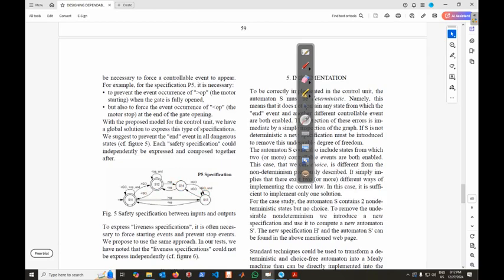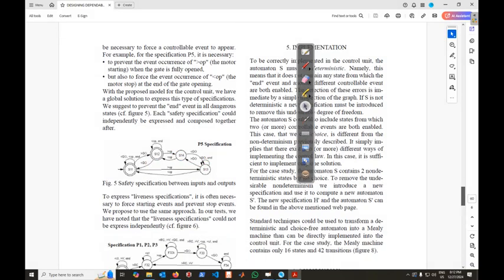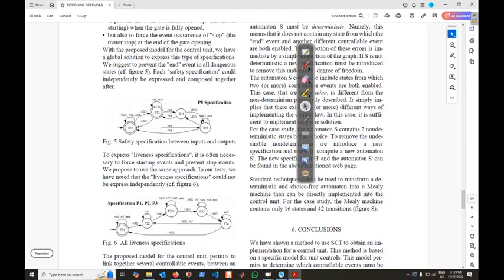Okay, now this is another one, for the liveness specification, when it is necessary to force starting events and to prevent stop events. They are assuming the same approach, and however, this is the main weakness of this paper.